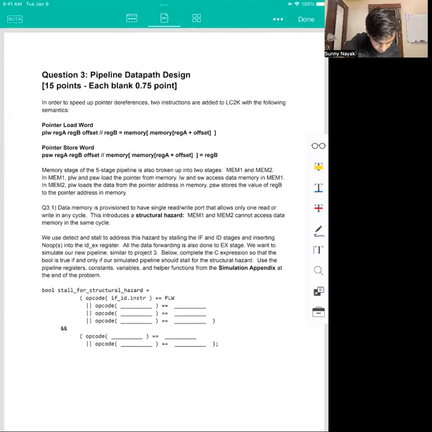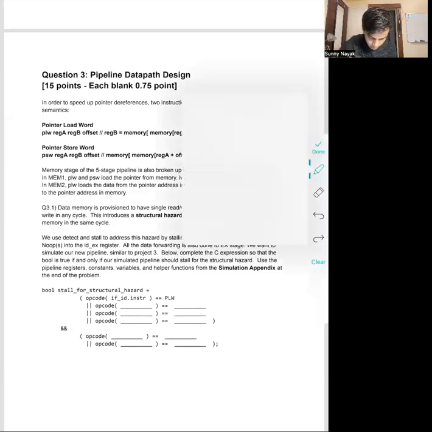So pointer load word is a type of instruction which takes the value inside register A, and it does a lookup with respect to the offset. That part of the instruction is pretty standard with what we've seen with load word.